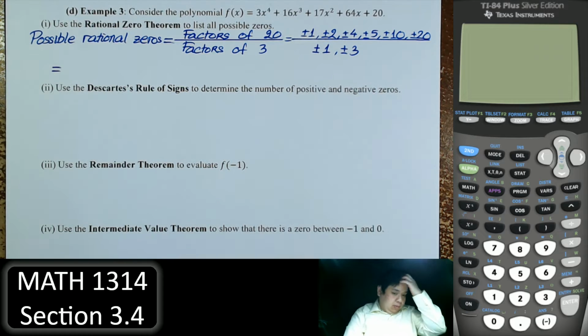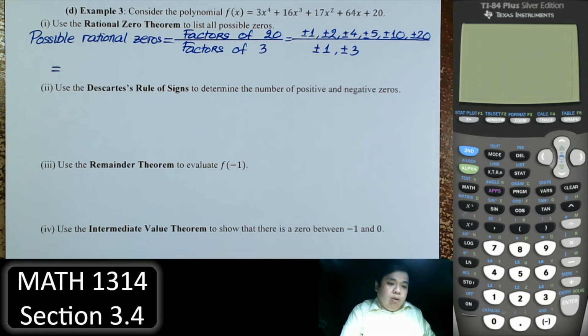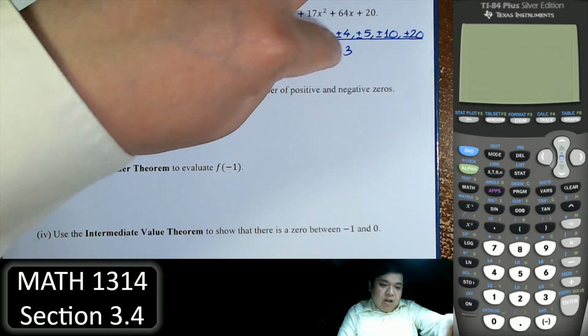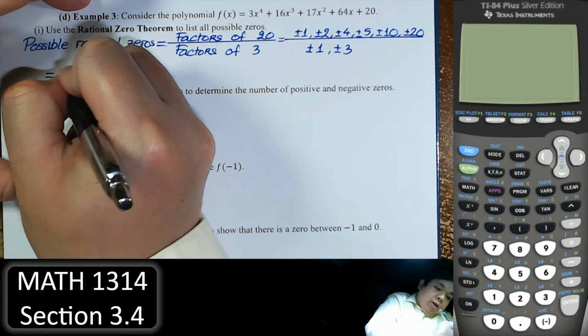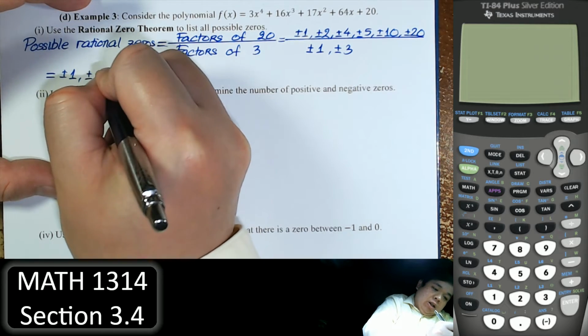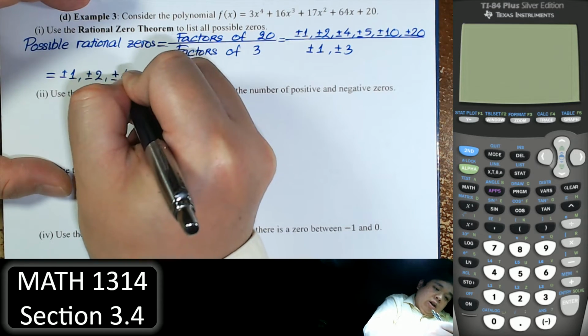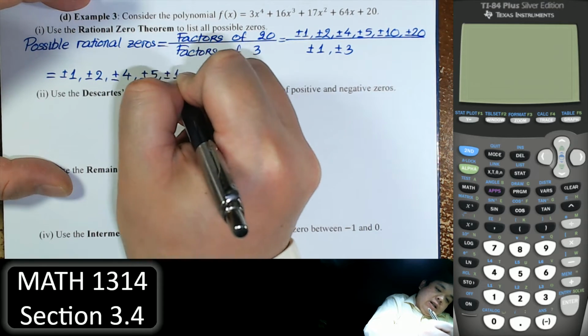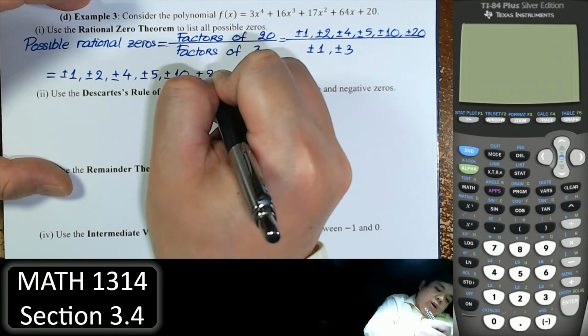Now we will use all of those numbers divided by 1 and then all of those numbers divided by 3. So plus or minus 1 divided by 1 is 1, 2 divided by 1 is 2, 4 divided by 1 is 4, and then 5, 10, and 20.